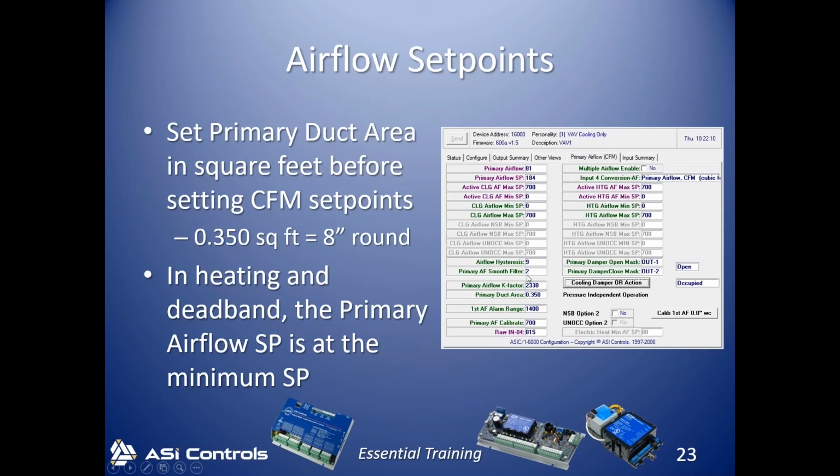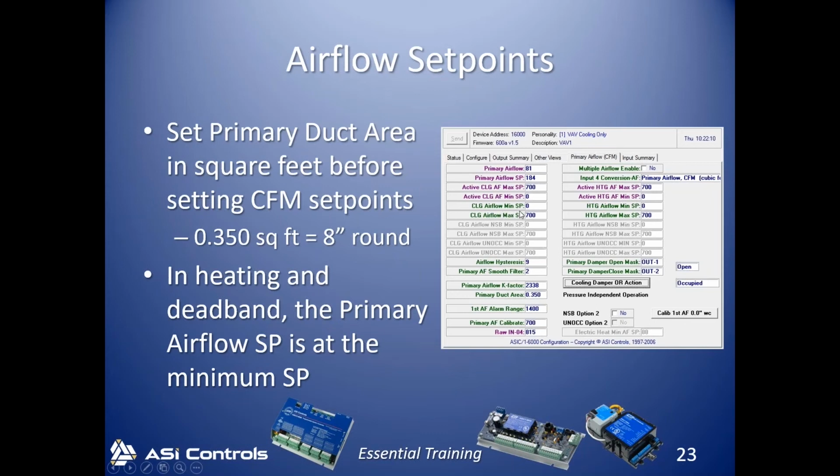So on the primary airflow tab, one of the things you can set while you're doing the initial programming is the primary duct area, and that's in square feet. So the default is 0.35 square feet, which would be the duct area for an 8-inch round box. And so the primary airflow set point in heating and deadband is just at the minimum.